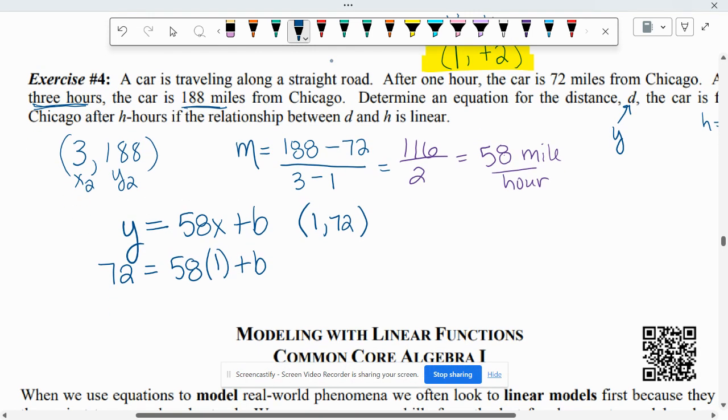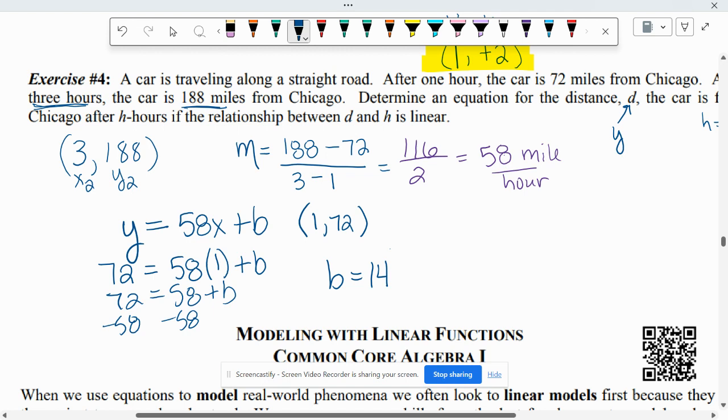Okay. 58 times 1 is? So 72 equals 58 plus b. Subtract 58 from both sides, and what do we get for our b value? Hopefully we get 14.